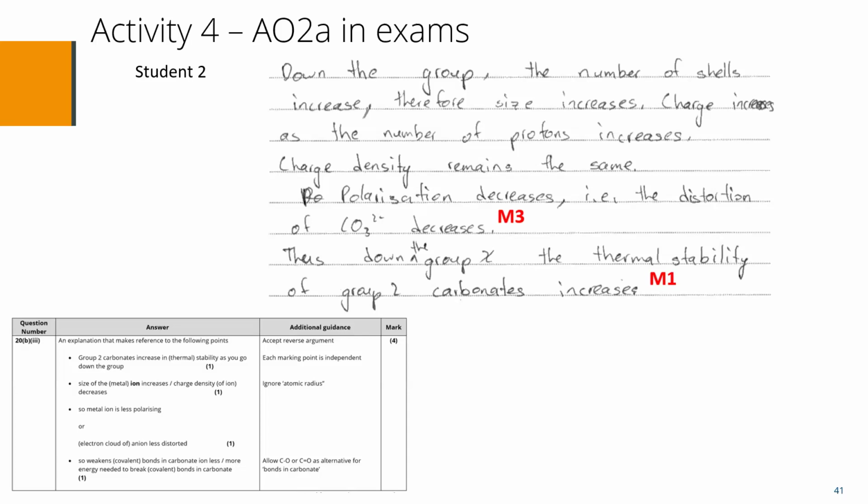I can't find any mention of the ion when describing the increase in size. And it does say over here, size of metal ion, with ion in bold type.